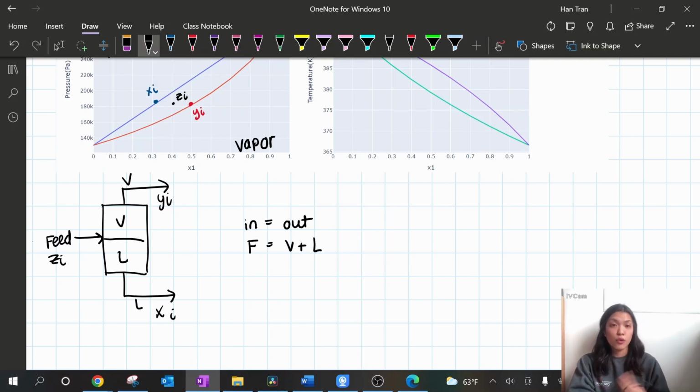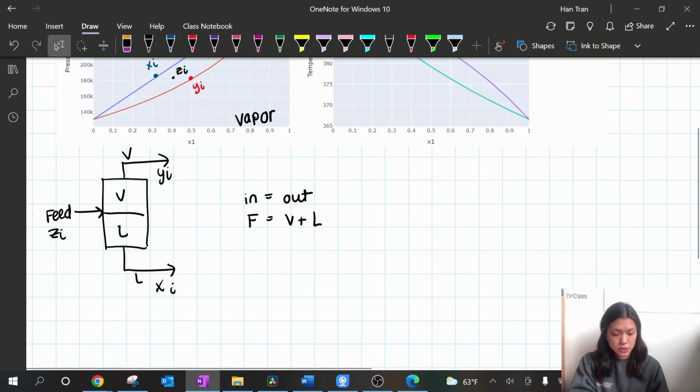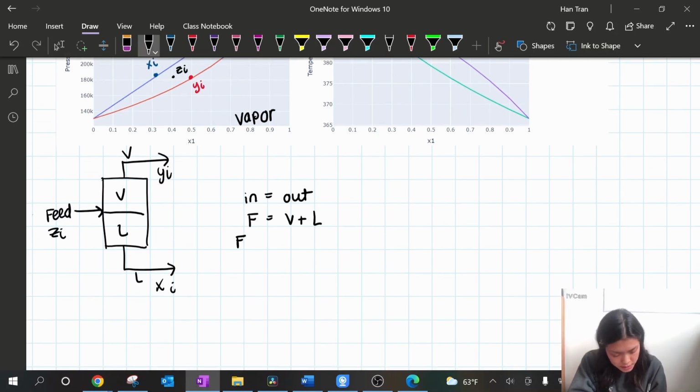Additionally, the component balance must hold. We have the feed times the feed mole fraction of component i going in. We have the vapor times the vapor mole fraction of component i coming out, as well as the liquid times the liquid mole fraction of component i.